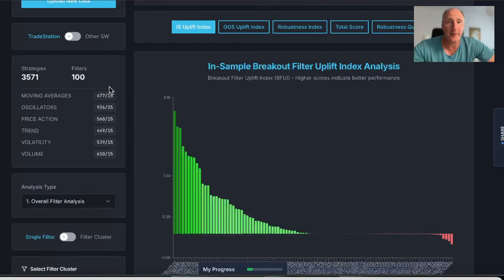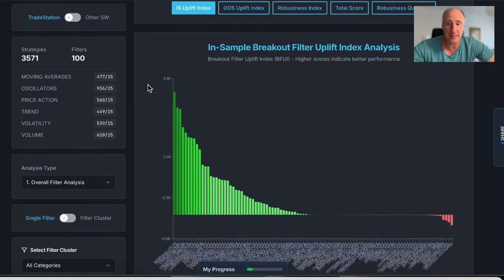That's the framework. So again, the key idea here is we have thousands of breakout strategies without a filter, or without an indicator serving as a filter, and the same strategies with those filters applied. So we can now confirm how different indicators can improve strategies as a whole, not strategy by strategy, but when we aggregate these improvements among all thousands and thousands of strategies, which one gives us overall the best improvement.